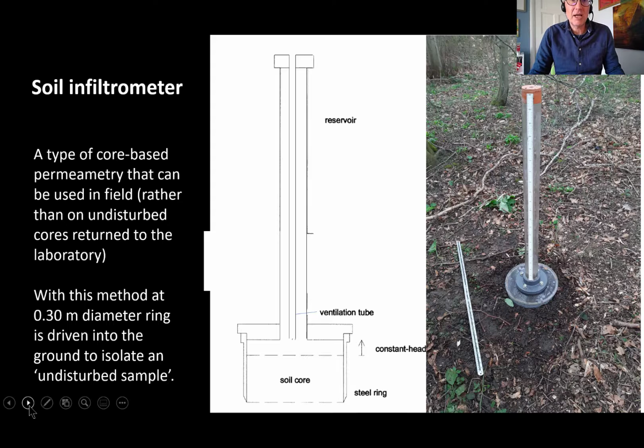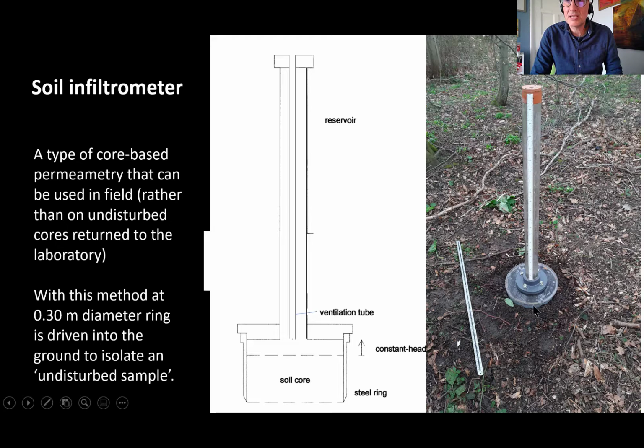So let's start by having a look at an infiltrometer. It's a pretty basic piece of equipment. Hopefully if you're at Cabianga, they should have one there for you to have a look at. But I've got a couple of pictures here, a diagram and a picture of one in the field.